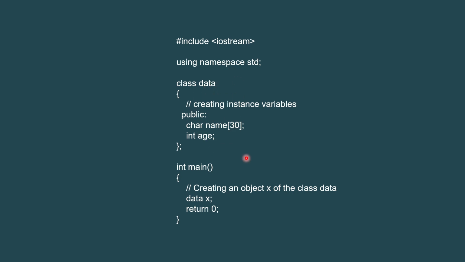Now, for me to get to know that those are instance variables, in the main function I'll be creating an object X of the class Data.